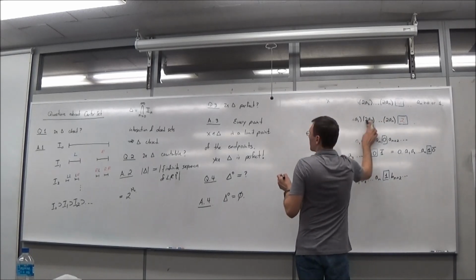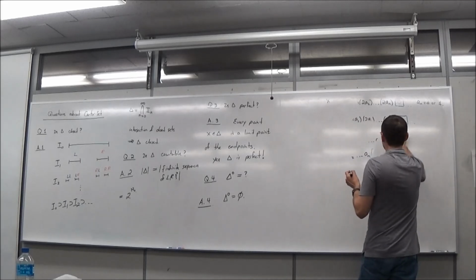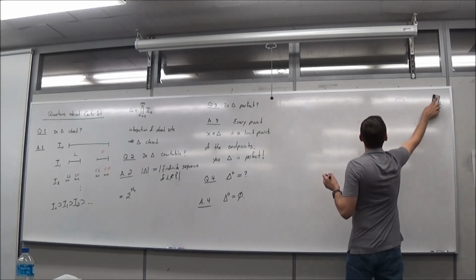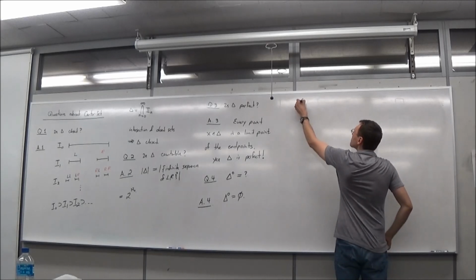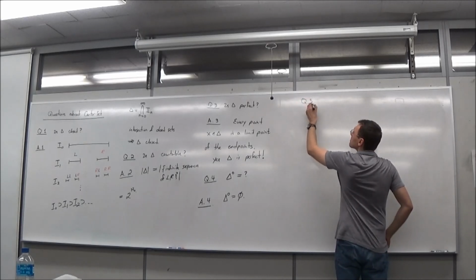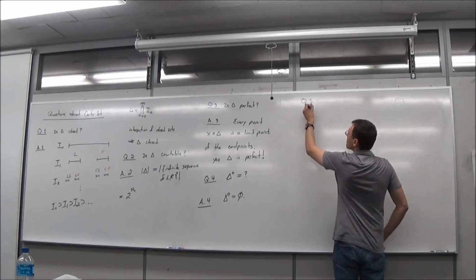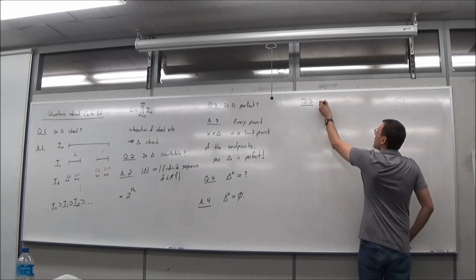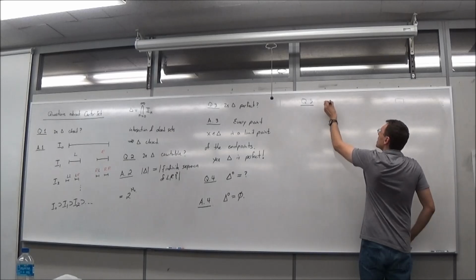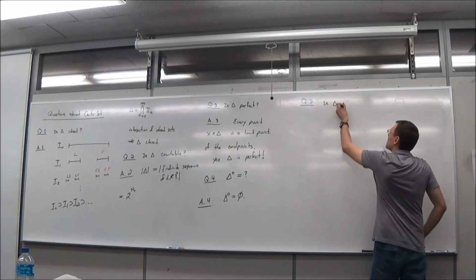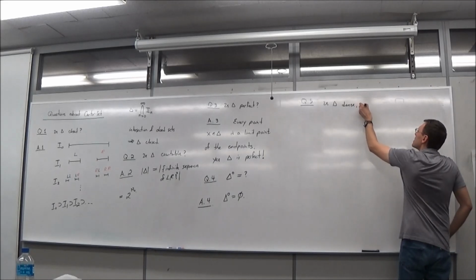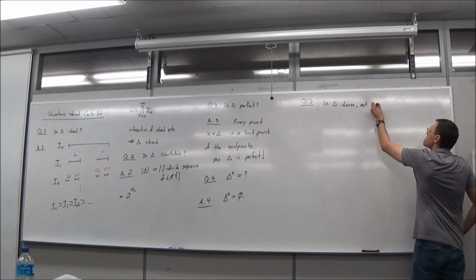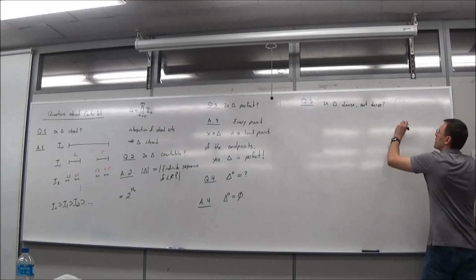So question number 5. Is the Cantor set dense, not dense, nowhere dense?